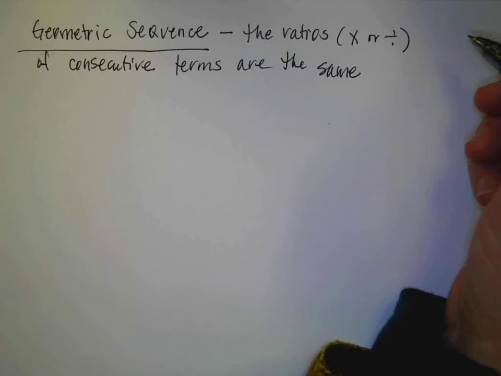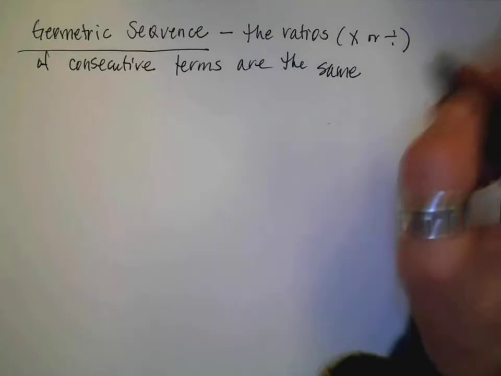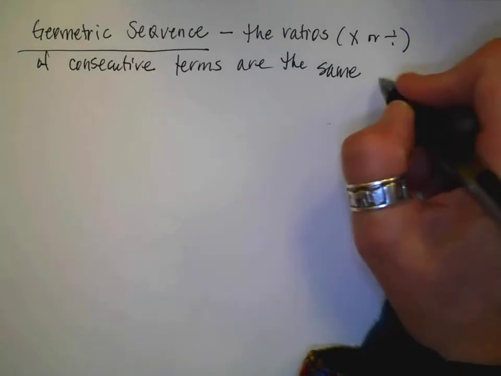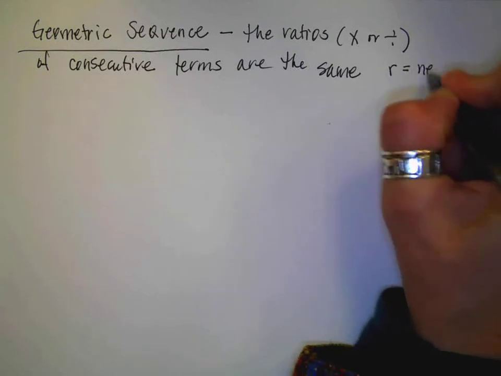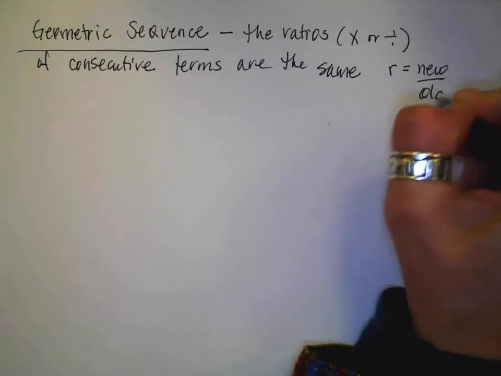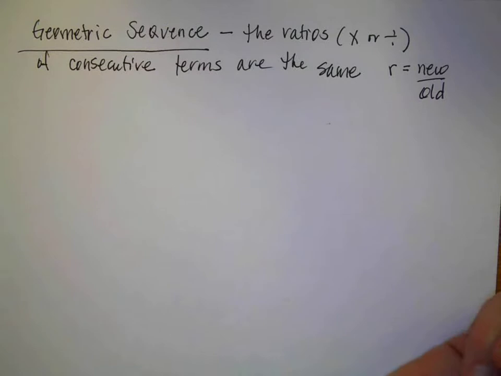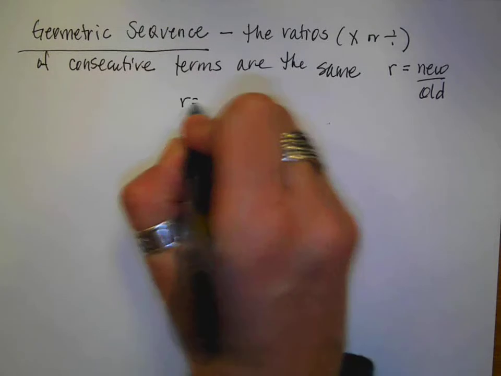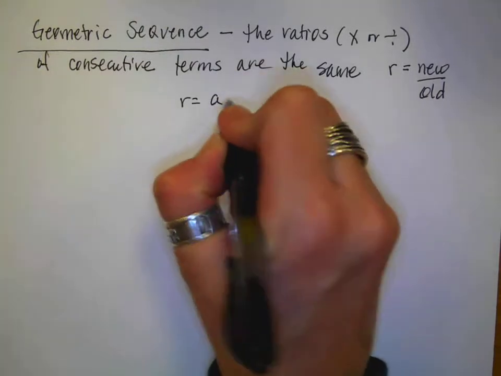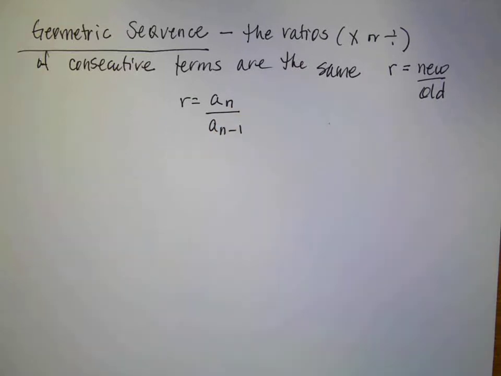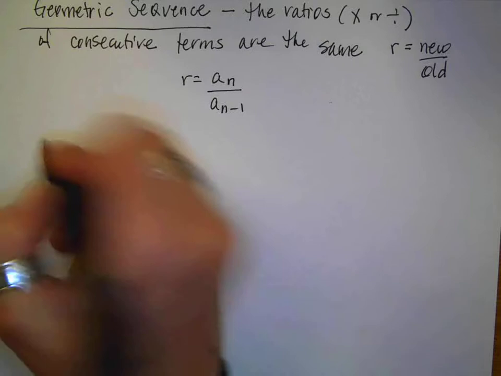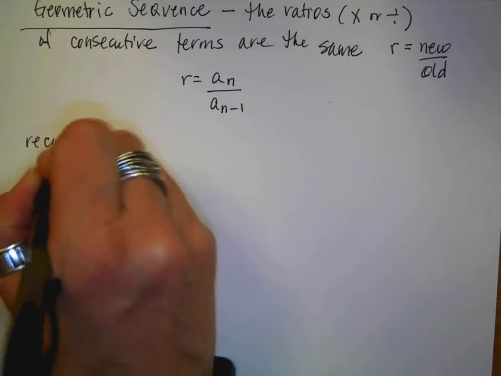So kind of like with our arithmetic sequence, now instead of adding and subtracting the same value, I'm multiplying or dividing by the same value. If I need to find that value and it's not given, r is going to be new divided by old. So if I put it in sequence notation, r would equal the next term divided by the previous term.